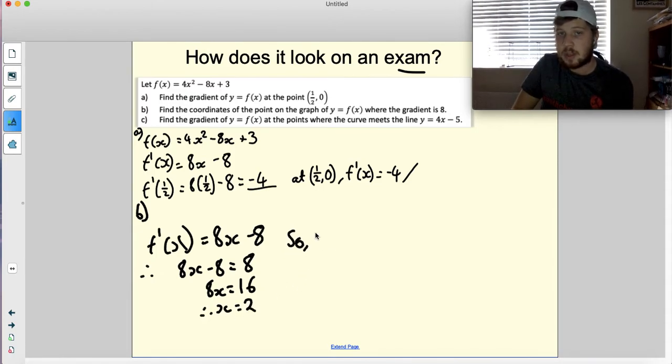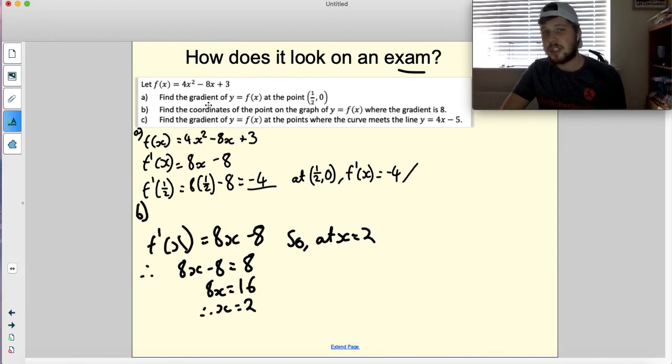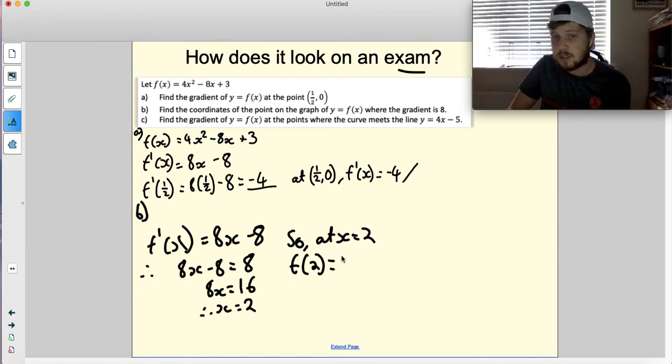So at x equals 2, that is my x coordinate. It is asking me for the coordinates, so I want to know what y is equal to. To do that, I have to substitute it into my f of x function. So f of 2 is going to be equal to 4 lots of 2 squared, subtract 8 lots of 2, plus 3.